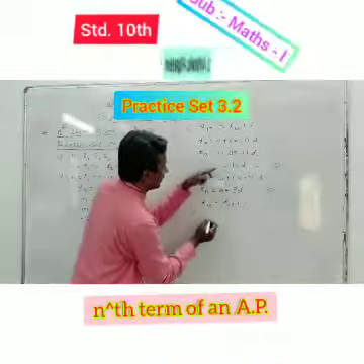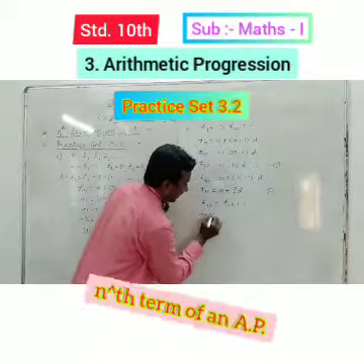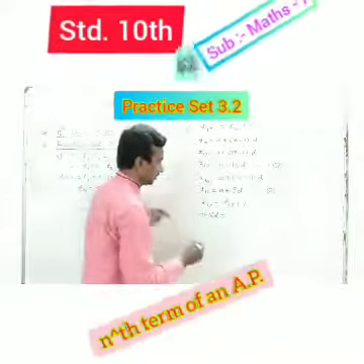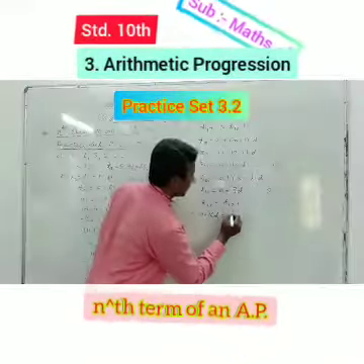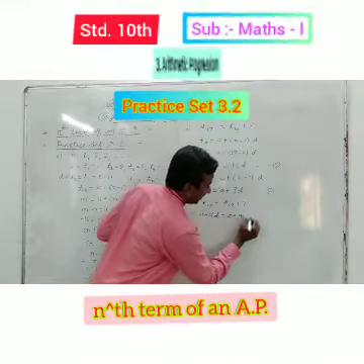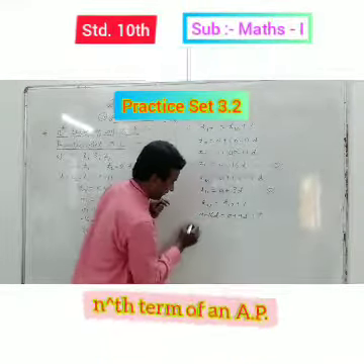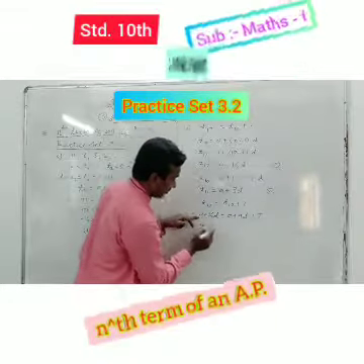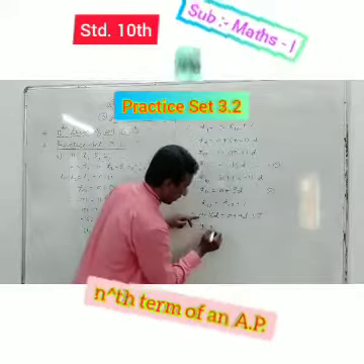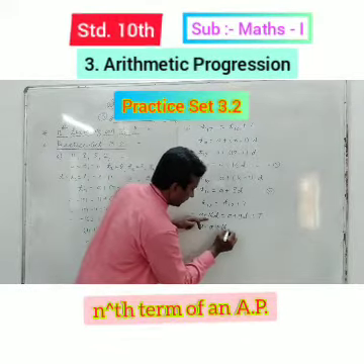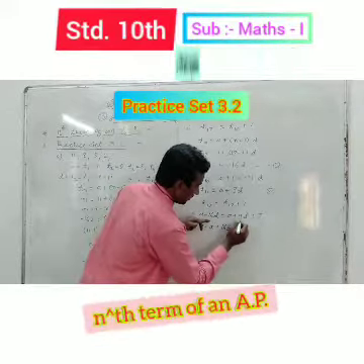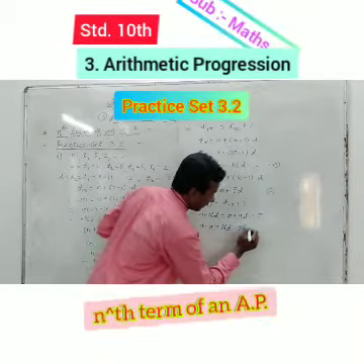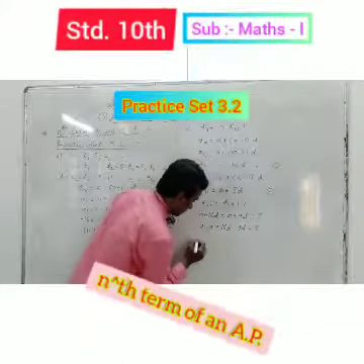This is the given condition, because the 17th term is 7 more than its 10th term. Therefore the T17 term is a plus 16d. Put the values from equations 1 and 2. T10 is a plus 9d, and plus 7. Now this a comes to the LHS, it will become minus a. Now plus 16d, if plus 9d comes to the LHS, it will become minus 9d is equal to 7.